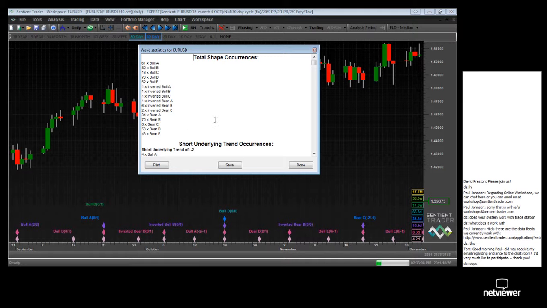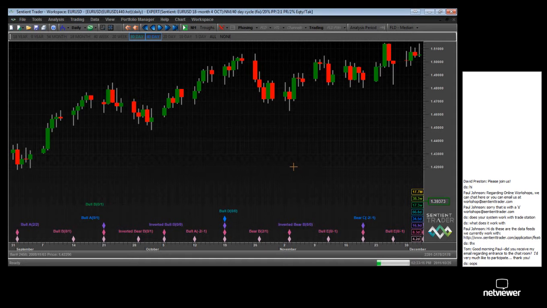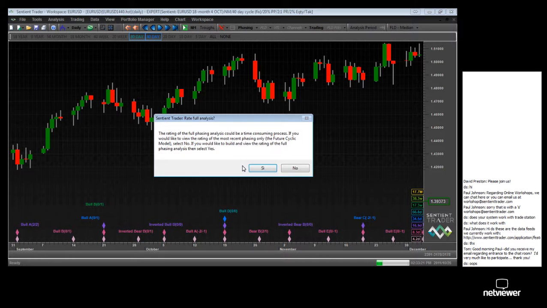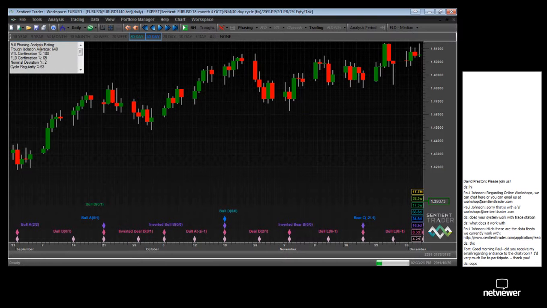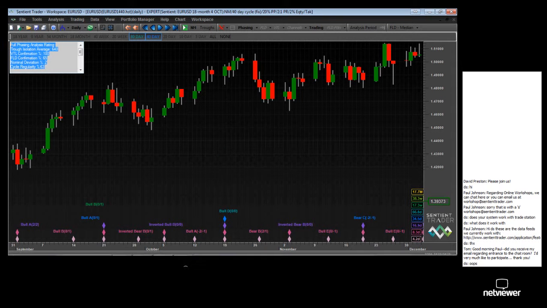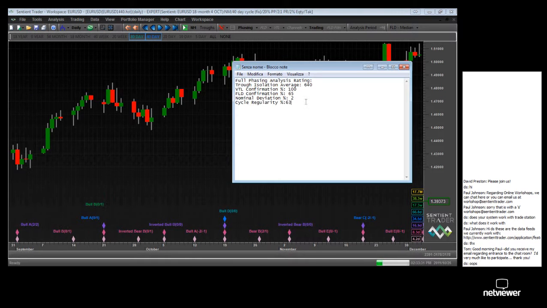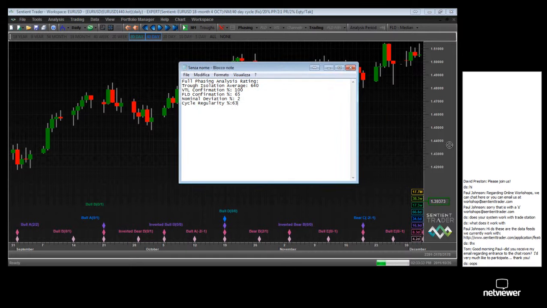Twelve inverted patterns have been found in this entire analysis. There are 250 odd bull shapes and over 200 bear shapes. That is an indication of a good analysis because it has very few inverted shapes. So that's one way of reinforcing your confidence in the analysis the Sentient Trader has performed.